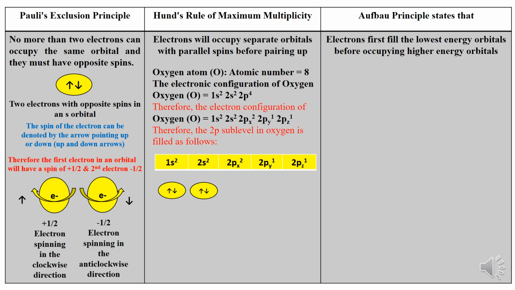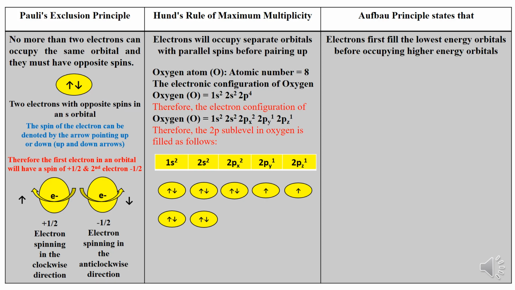So this is the orbital diagram for the oxygen atom: 1s2, 2s2, 2px2, 2py1, 2pz1. You should be very careful when you are adding electrons to the degenerate orbitals.